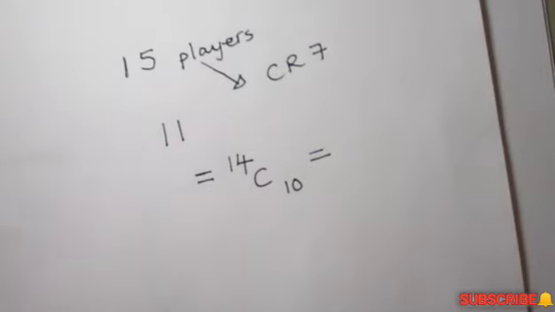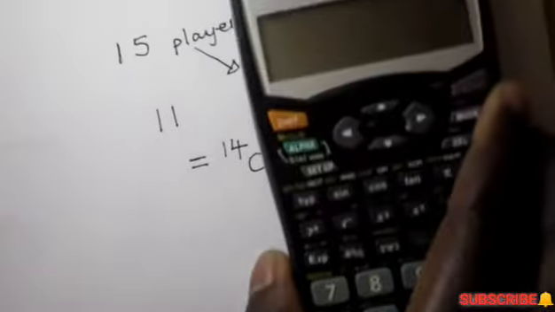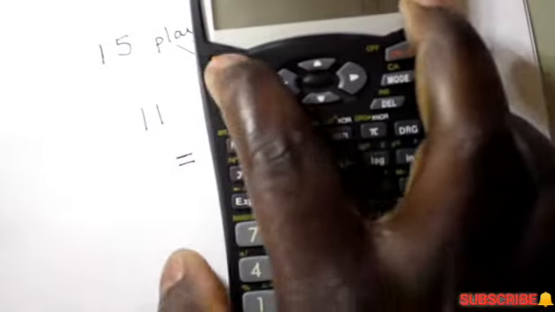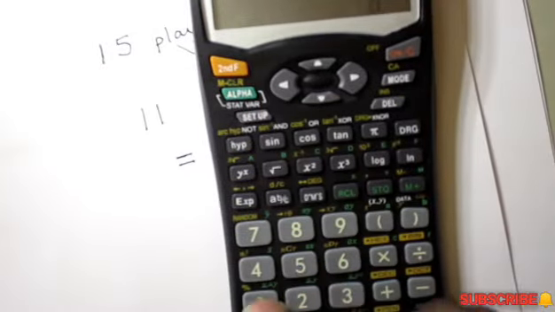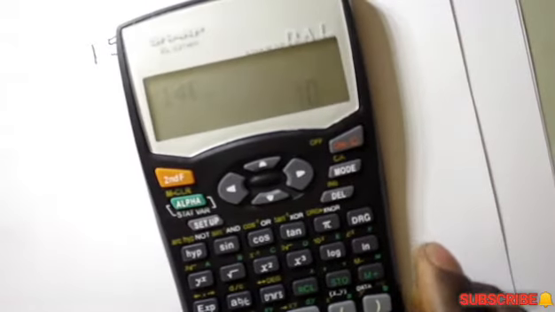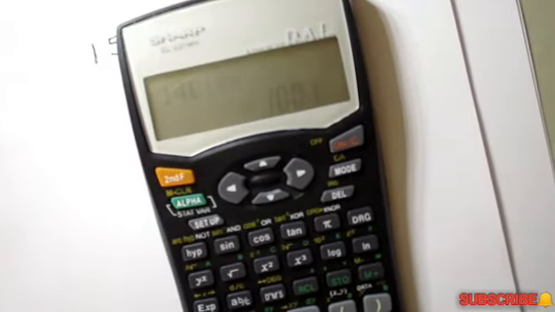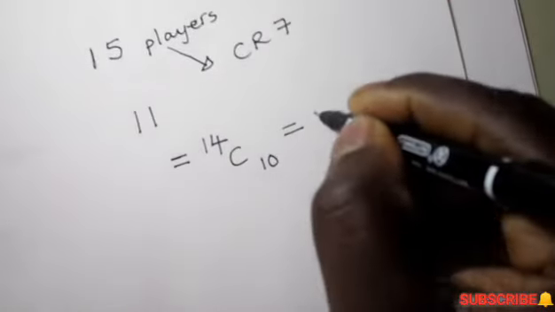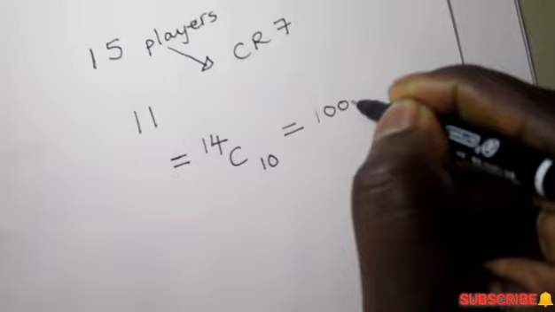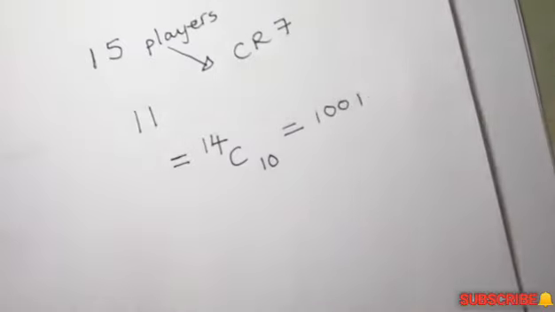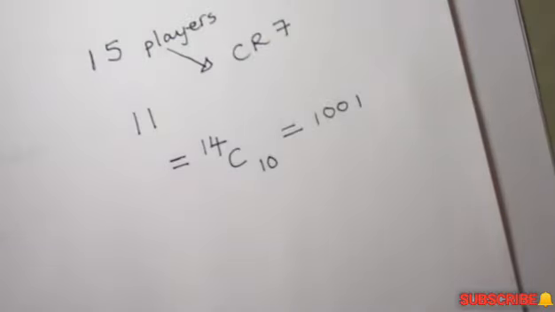So the number of ways of selecting the Portugal team whereby Cristiano Ronaldo is part of the team is 14 combination 10. So 14, second function, combination 10, like this. Then you put the equal sign. You get 1001. So it means that the Portugal team can be selected in 1001 ways where Cristiano Ronaldo is part of the team.